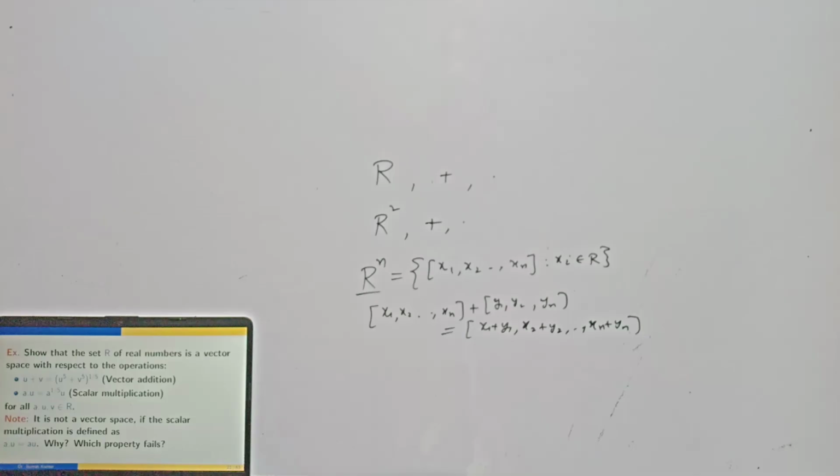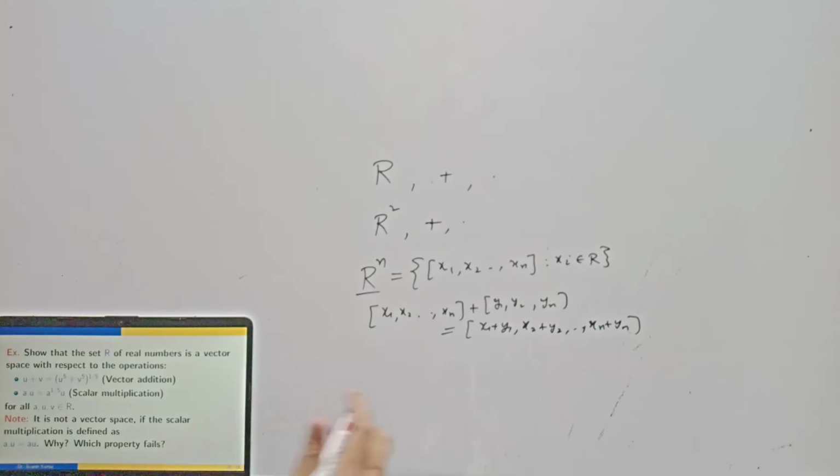So Rn in general, where n is any positive integer, if we consider this operation as vector addition and coordinate-wise scalar multiplication, then it forms a vector space. It's a standard vector space, you need to remember it.